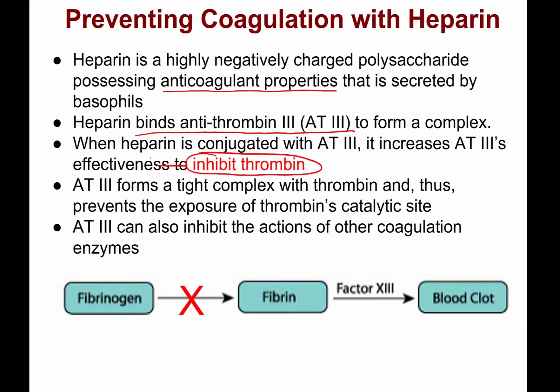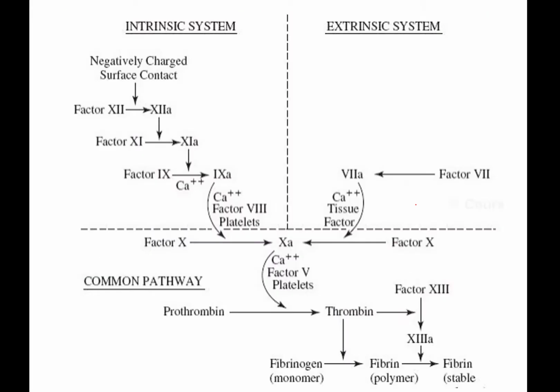Antithrombin inhibits thrombin. The AT3 forms a tight complex with thrombin and thus prevents exposure of thrombin's catalytic site. So it's keeping the thrombin from acting in the cleavage of fibrinogen and in those other reactions. It also inhibits other steps in the coagulation cascade. At a very key level here, we're inhibiting the conversion of fibrinogen to fibrin, so you're not going to get that fibrin polymerization to form the fibrin clot.